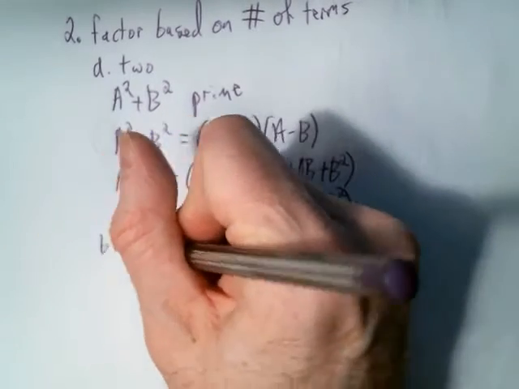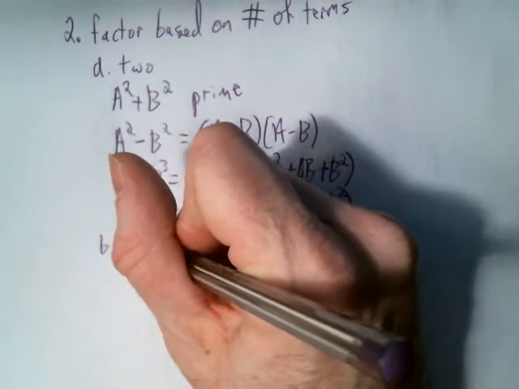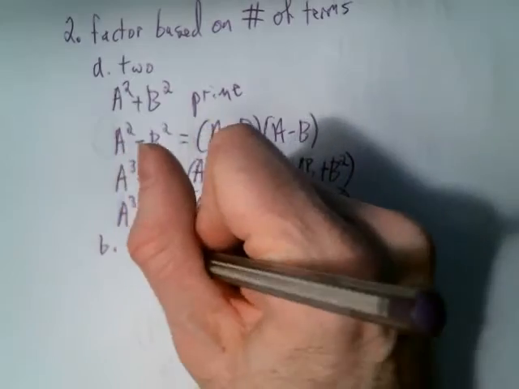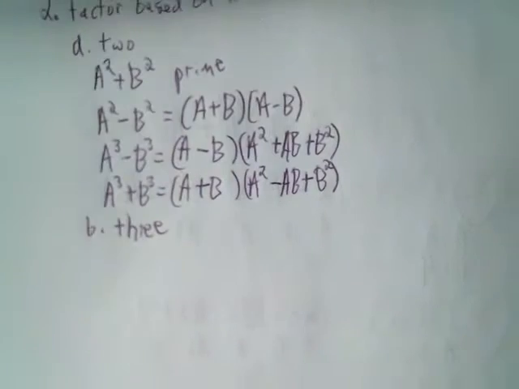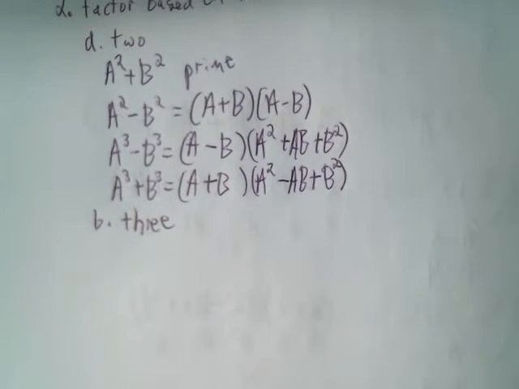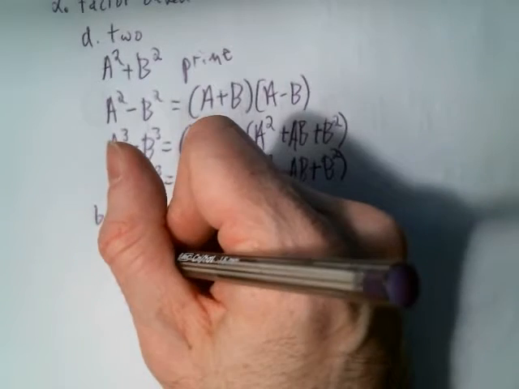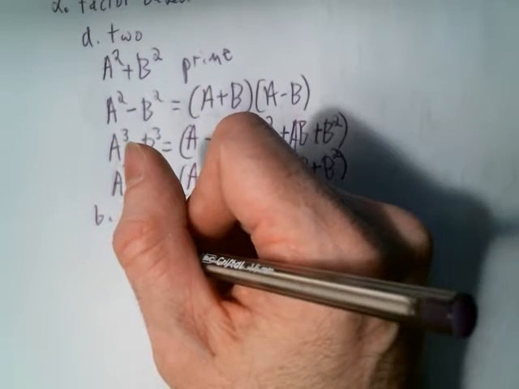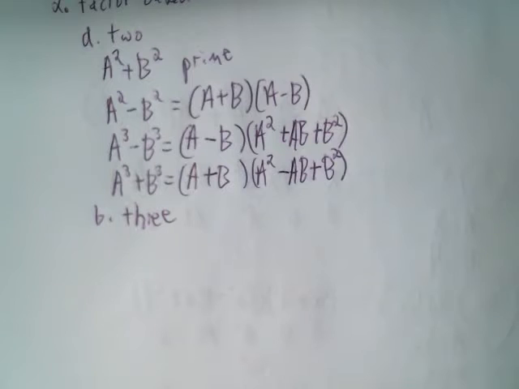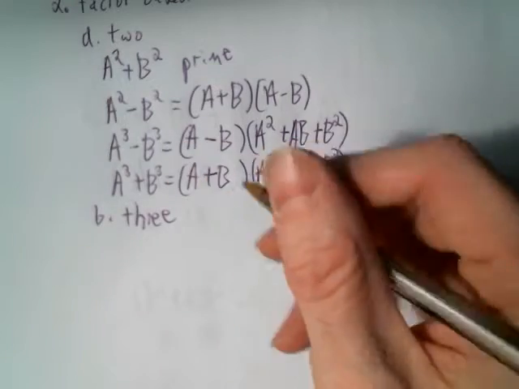And then 3-term polynomials, 3 terms. We had the, what were they called? Perfect square trinomials, sorry.